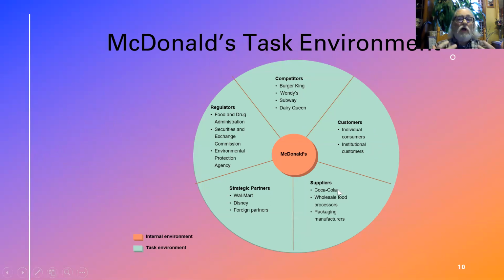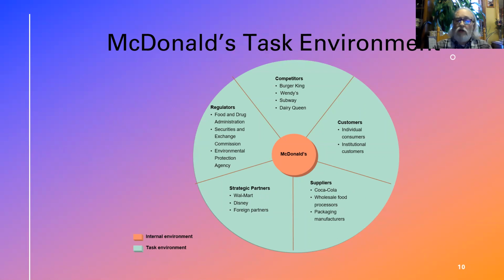The suppliers are those companies that they have often made arrangements with, Coca-Cola, food processors, people who provide the bags and the packaging for their products and so forth. And then, of course, the strategic partners, you can see there's going to be some overlap here. But we do know that Walmart will occasionally have a McDonald's in one of their stores. Well, that's a strategic relationship that they've set up together. The same with Disney and in foreign markets and so forth for McDonald's.